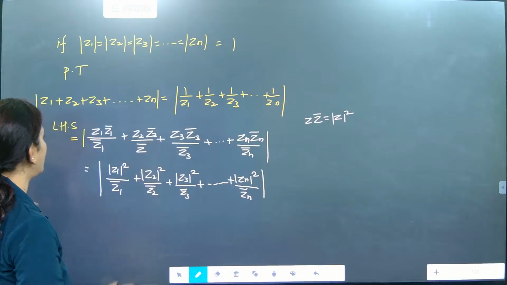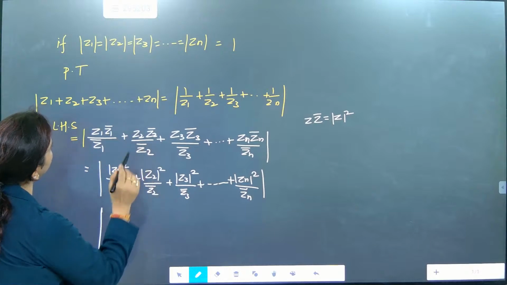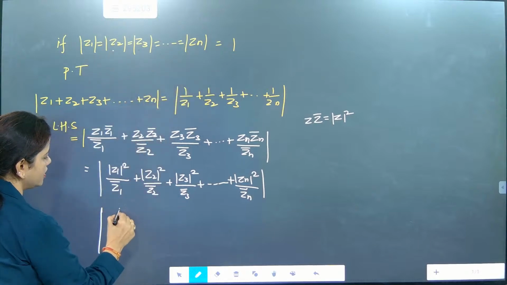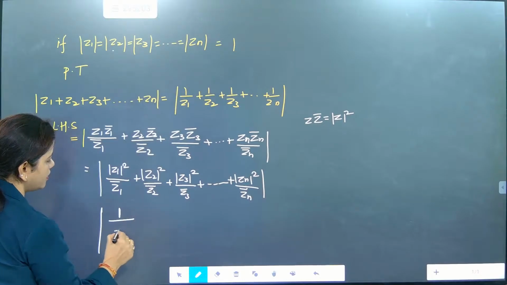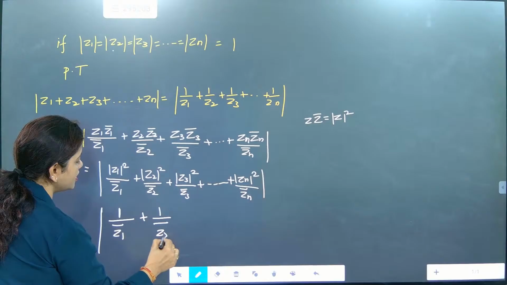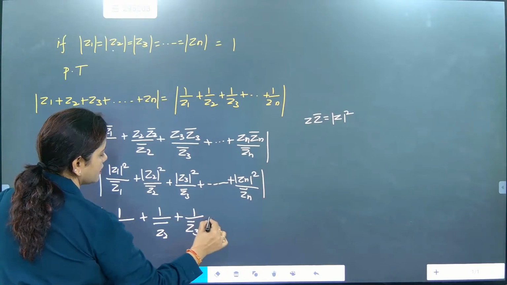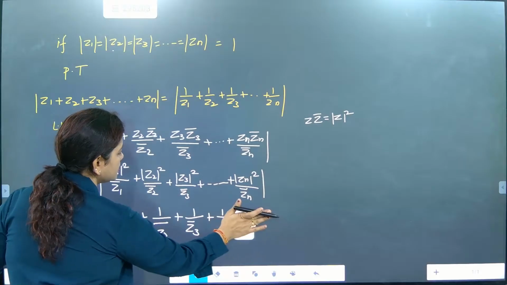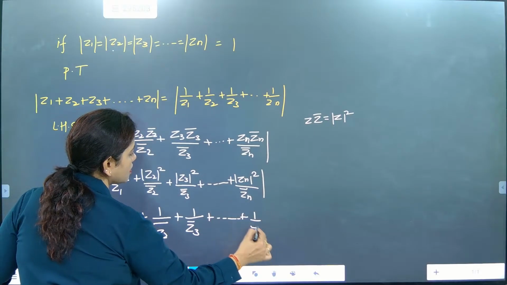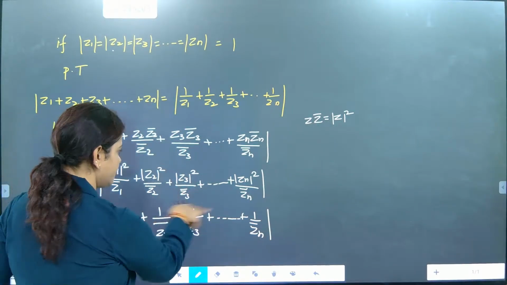So now look here. After that, what we need to do here is, now we know that according to the question, Z1 modulus, Z2 modulus, Z3 modulus, everything is equal to 1. So we will write here 1. Now conjugate, I think we got success in bringing the complex number down.